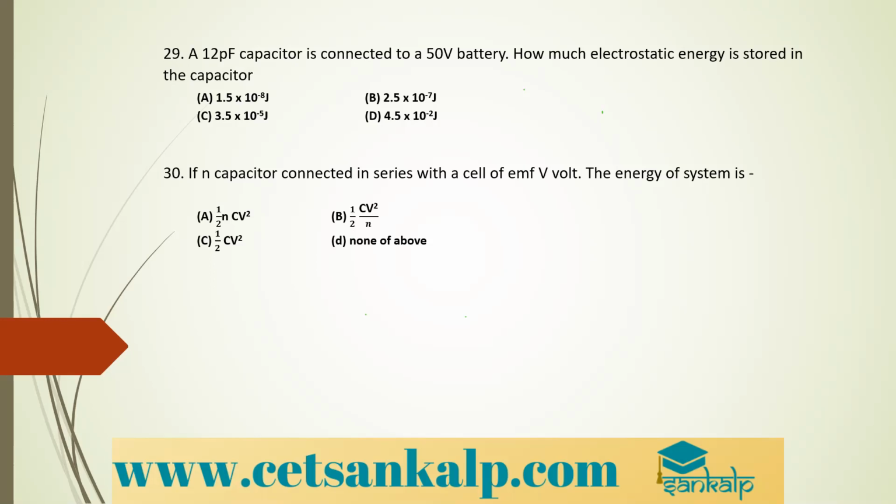C value is 12 into 10 raised to minus 12 because it is picofarad, and V value is 50. If you simplify this, 1 by 2 into 12 into 50 square into 10 raised to minus 12, you will get option A, that is 1.5 into 10 raised to minus 8 joules.